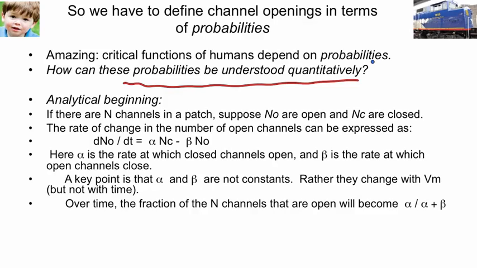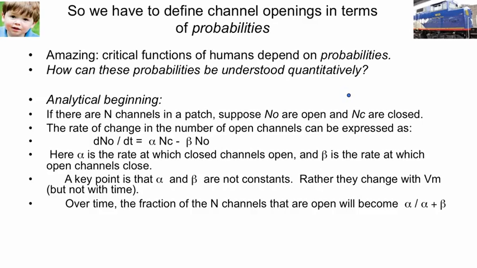First, we can say that in some patch, there are a total of N channels, and at a certain moment, NO are open and NC are closed. Now, the number that are open and closed is dynamic and changing randomly.